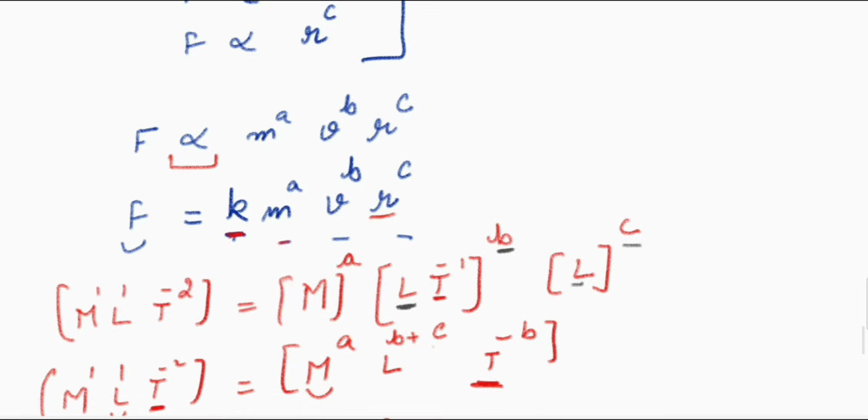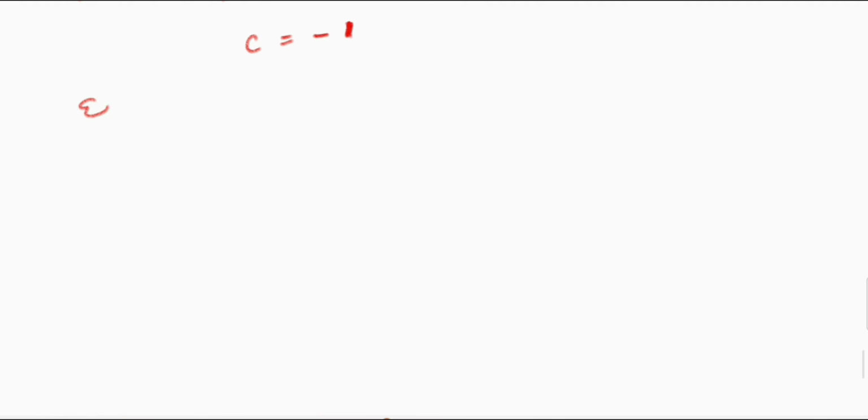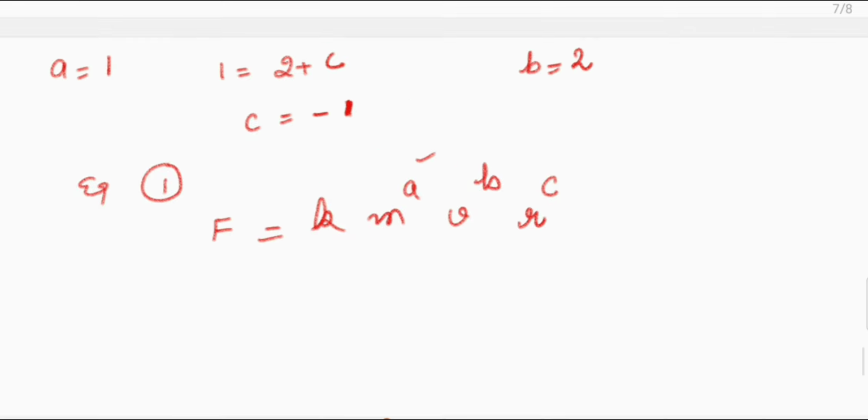Let me mark this as equation 1. So equation 1 is F is equal to k, m raised to power a, v raised to power b and r raised to power c. Now we'll put the values of a, b and c here. So we get F is equal to k, m raised to power a, which is 1, v raised to power b, where b is equal to 2, and r raised to power c, which is minus 1.